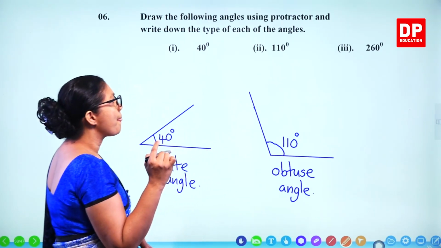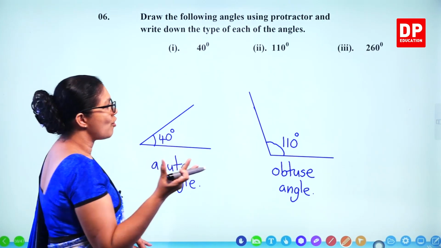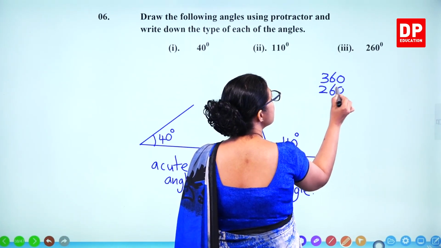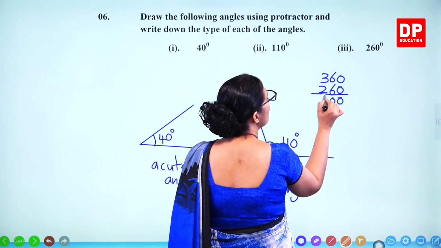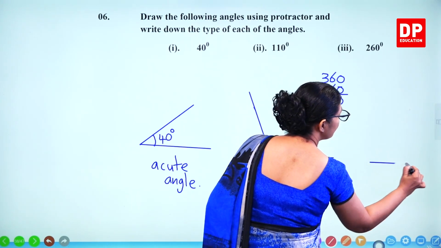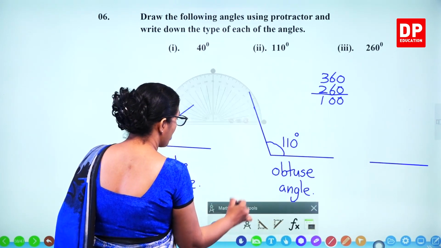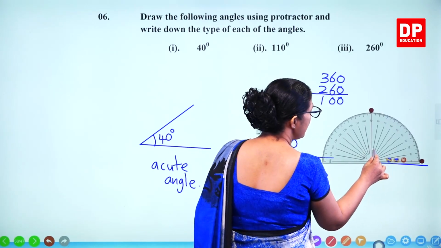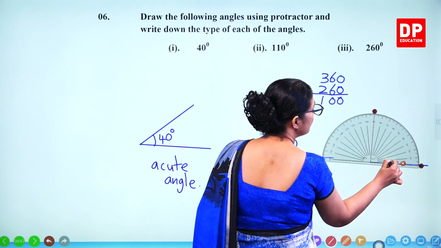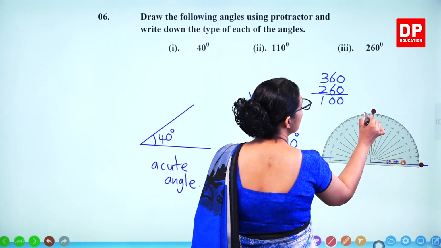Then how do you draw 260? That's a reflex angle, you can't draw it directly. So what you can do, you can subtract that value from 360 and see what's the value. That's 100. Then you can draw a 100-degree angle. Draw a line segment and take the protractor and measure 100 degrees. 100 is this way.